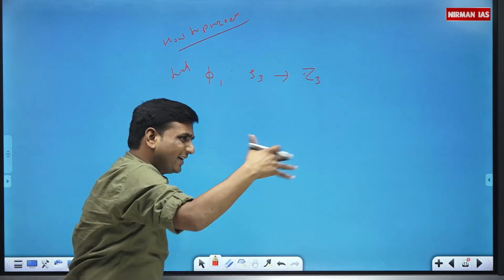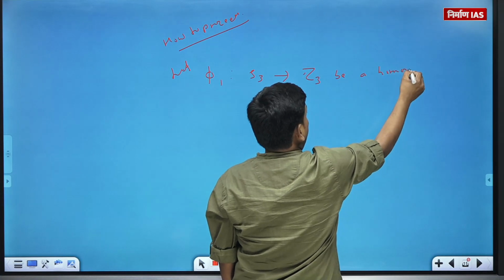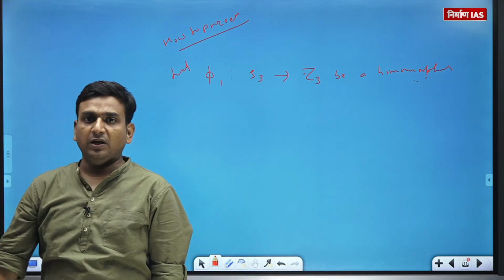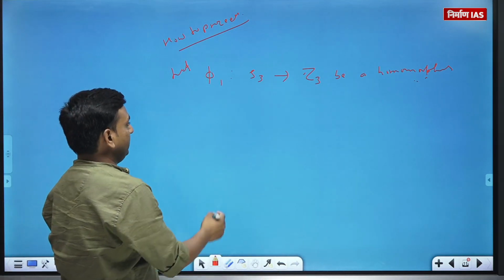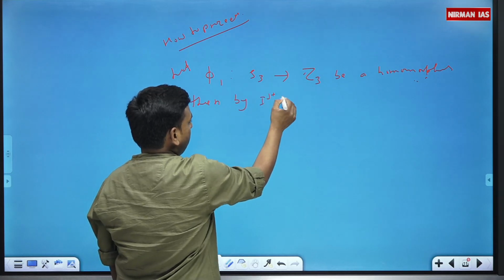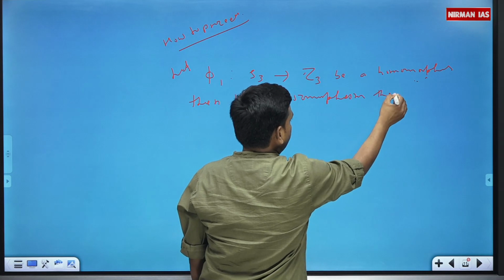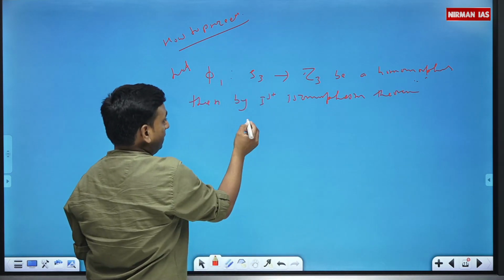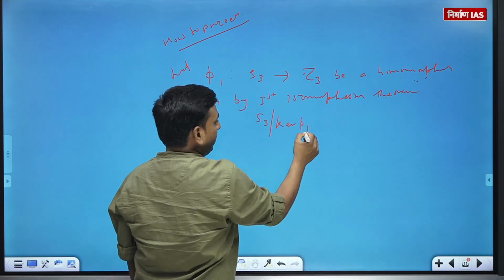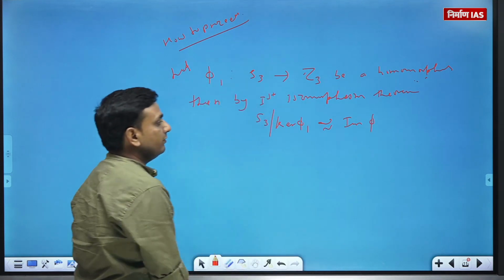Let this be a homomorphism. If this is a homomorphism, then by the first isomorphism theorem, S3 by kernel of phi1 must be isomorphic to image of phi1.